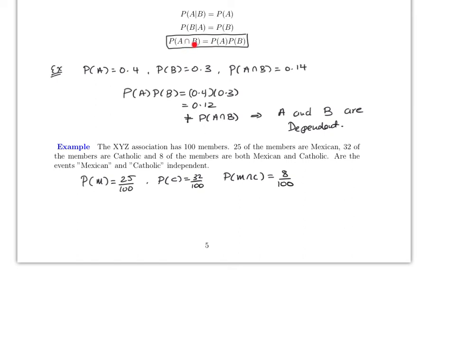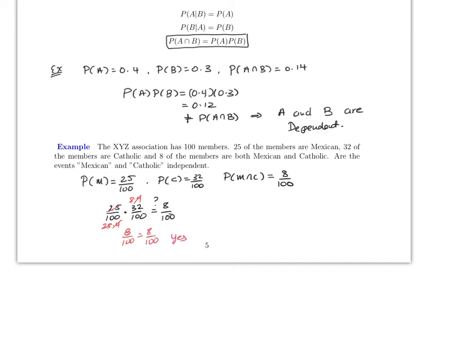Let's go with this part first. If you multiply 25 over 100 times 32 over 100, the question is, does this equal 8 over 100? Using fraction simplification, remember this is 25 times 4, this is 8 times 4, so you can see that you end up with 8 over 100. So therefore, yes, they're independent.